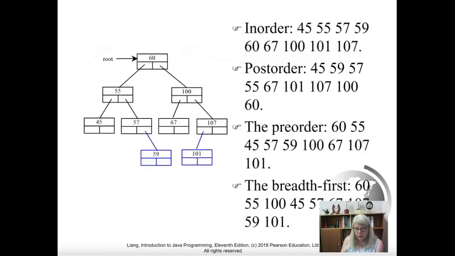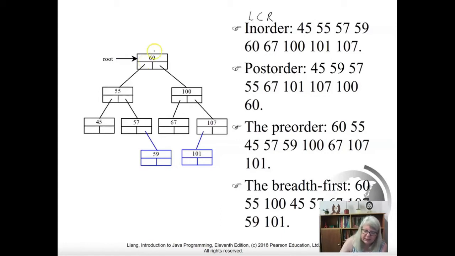The blue is what we added, but it's not really part of the tree. In order is, say, left, current, right. But it's recursively. The moment we go left, that left really becomes our current. So we start at the first go left.